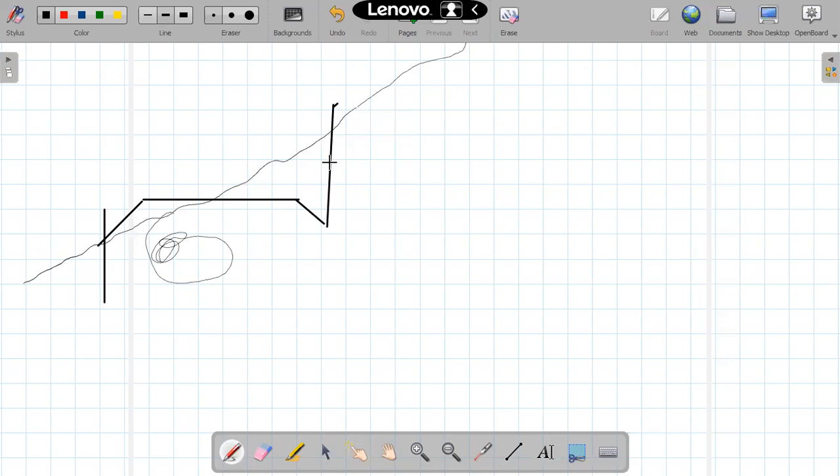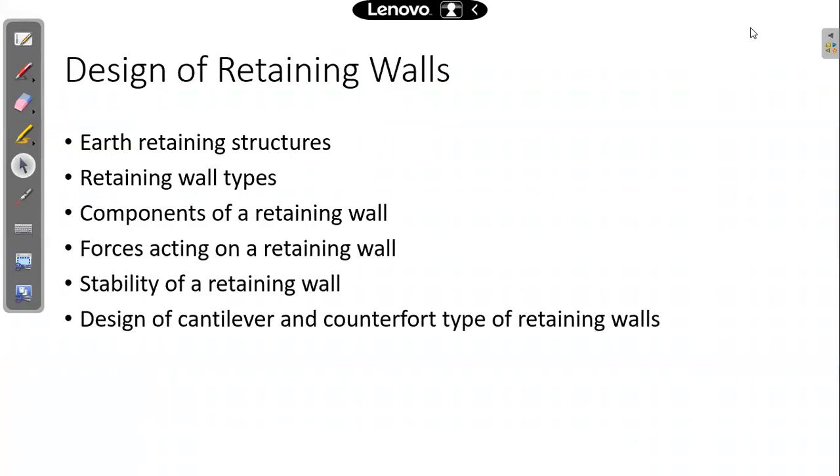These two surfaces are the retaining structures we need to provide. Normally we call these two walls retaining walls. This is how we use the retaining wall normally, and that is the purpose of providing a retaining wall.